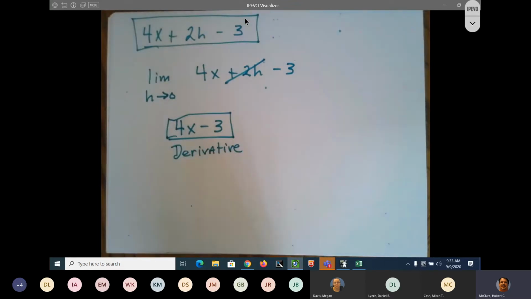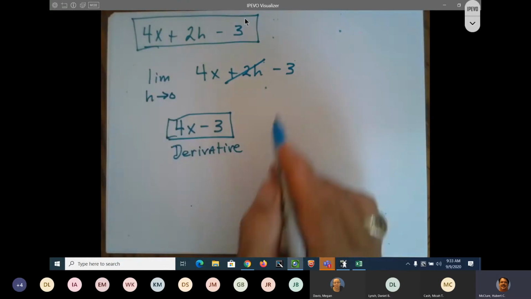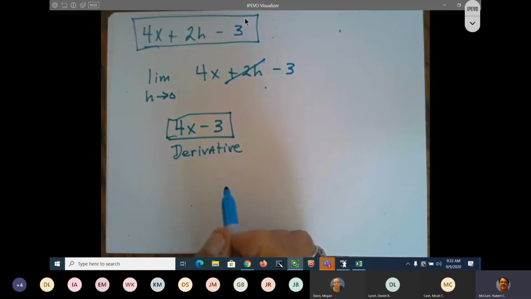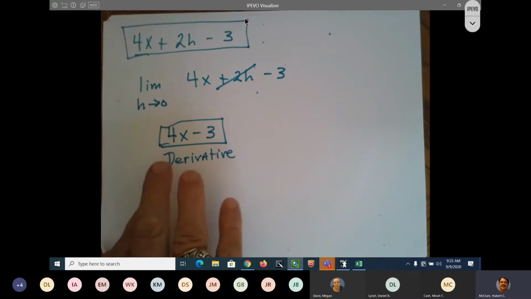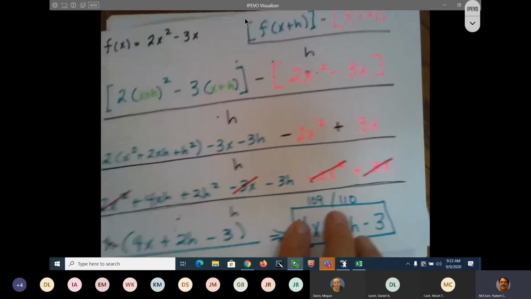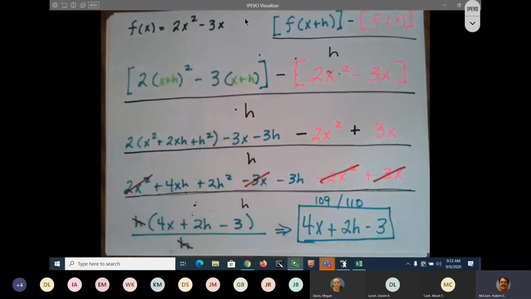Now, some of y'all that's had pre-calculus, you know what I'm talking about, or you have heard that word before. Okay, this is what you're going to learn your first unit in calculus. So that's why this is like a 15 on a scale of 1 to 10. This right here is a 15 on a scale from 1 to 10 of importance. So make sure you can do that right there. Okay.